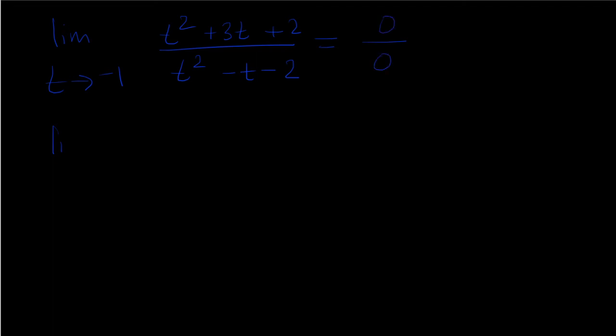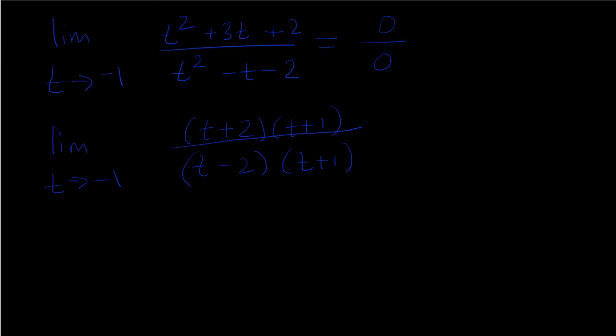Yes, this should give you 0 over 0. So let's continue, and we want to factor this. So t squared plus 3t plus 2 will give me (t plus 2)(t plus 1). And the bottom will be (t minus 2)(t plus 1).